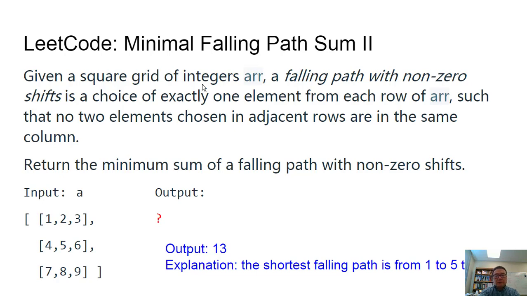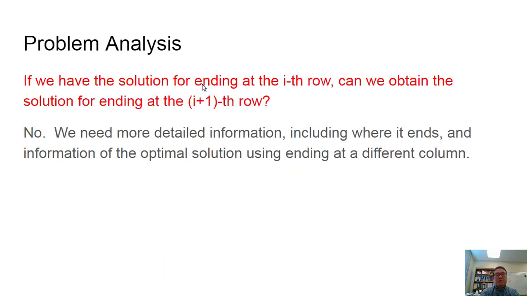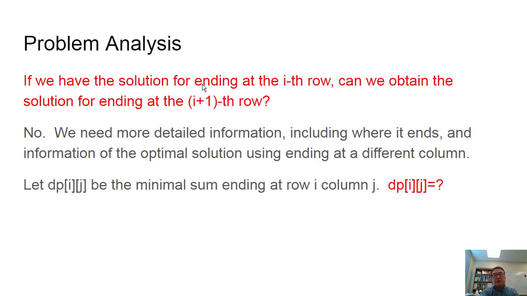So there's not enough information when we just define the thing we are maintaining as a solution for ending at the ith row. We need to maintain more information, or we can define the relation to be a little more fine-grained, so that the information is already there.